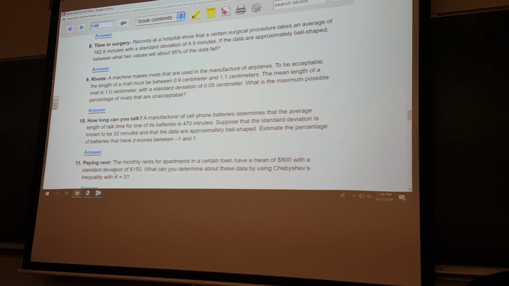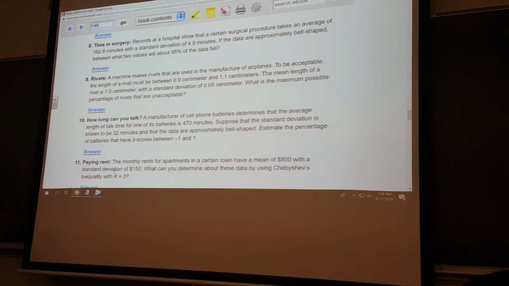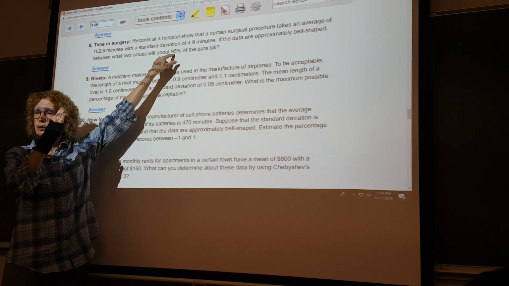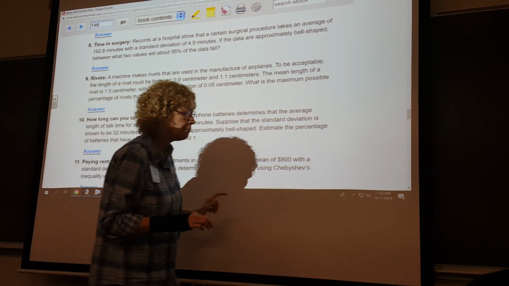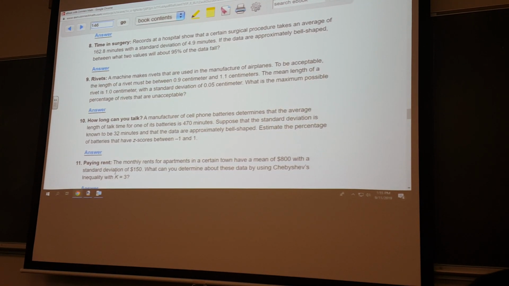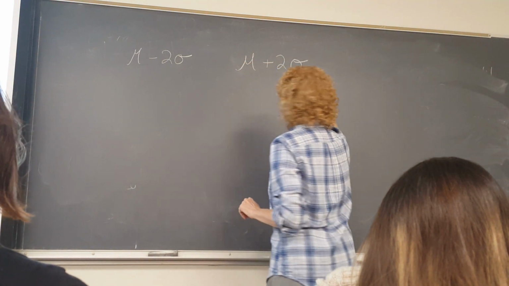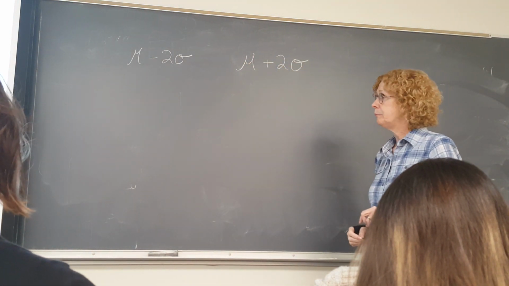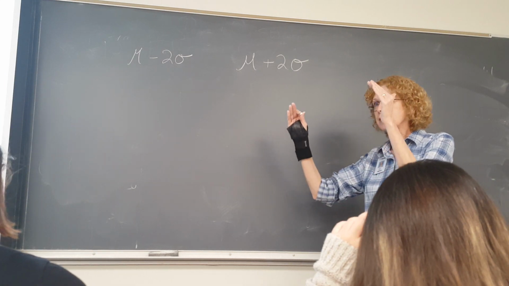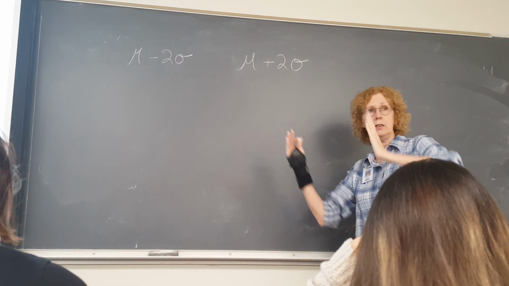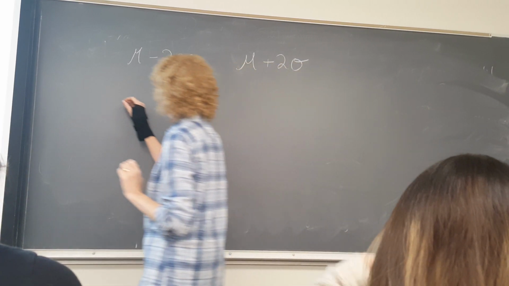Okay, so you will either have 68%, 95%, or almost all. So you just look at the list of the empirical rule, see which one you have, and use that formula. So for 95%, you would go 2 standard deviations on either side of the mean. Most of the data for a bell-shaped distribution is close to the mean, so you don't have to go out too far before you get the bulk of your observations.